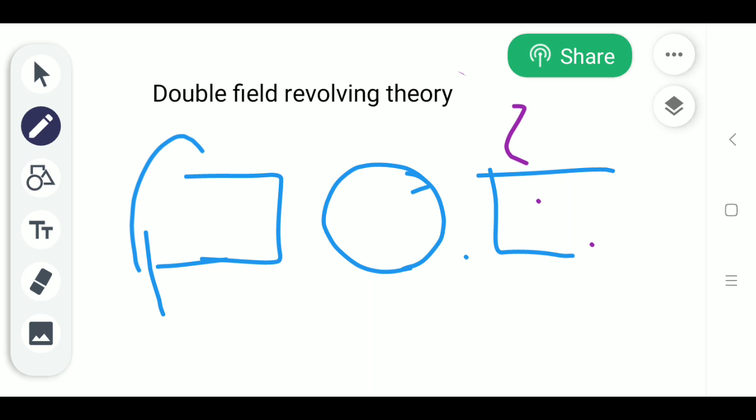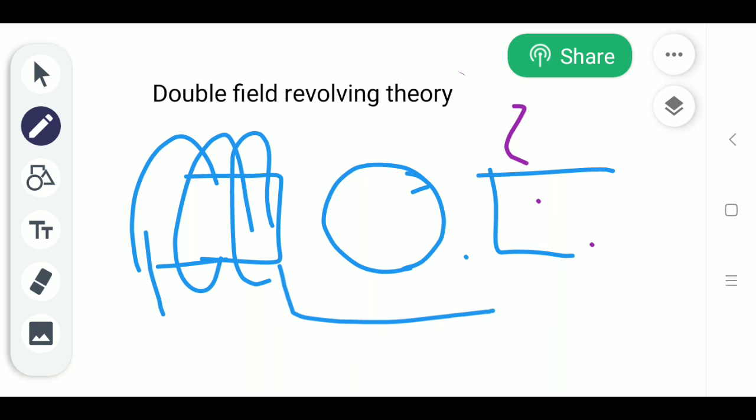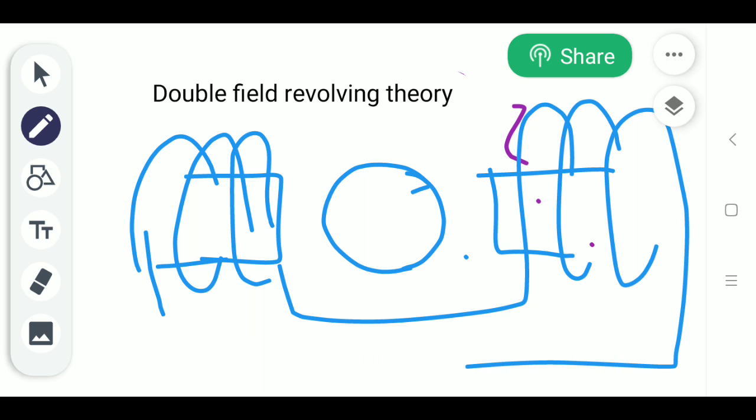This is the rotor, and the stator has two poles. We give an AC supply to that.